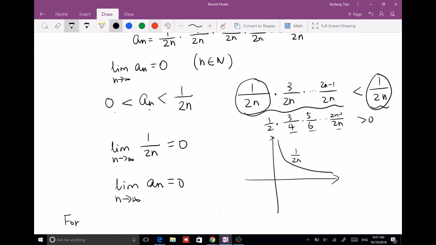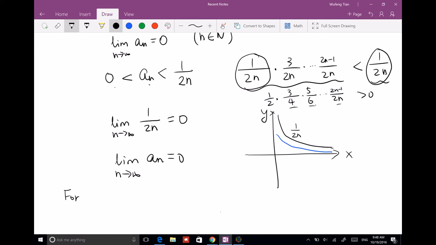Now the other one is less than 1 over 2n, so it's always between 1 over 2n and the x-axis. Since 1 over 2n converges to 0, the blue one will also converge to 0, because it's always between 0 and 1 over 2n. So if 1 over 2n converges to 0, then the sequence will converge to 0 as well. That makes sense, right?